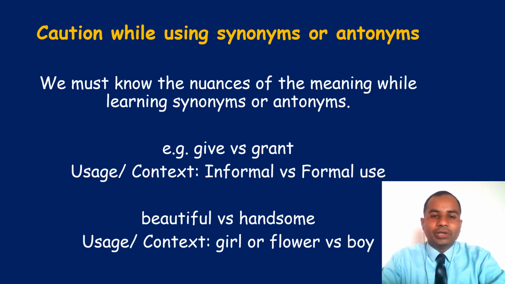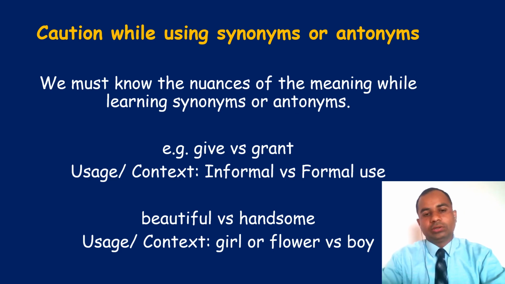So caution to be taken. Now you must be aware of the nuances or the shades of meaning while learning synonyms and antonyms. For example, we have words like give or grant. You have to see the little difference between these words or meanings of these words.